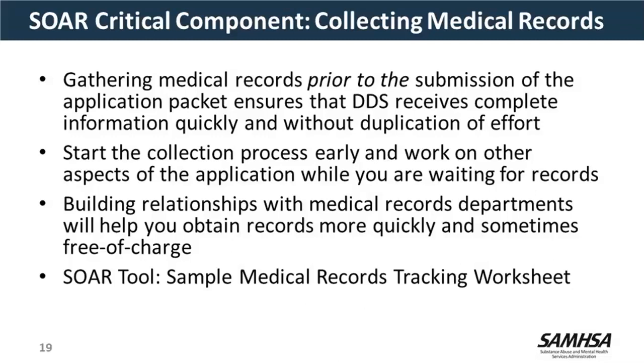If there's time available, because the online application generally, once you get used to it, and the 8000 don't take as long, and the 16 is also a relatively short form, I will interview the client and complete the 3373, which is the other DDS common form that is required, the adult function history.